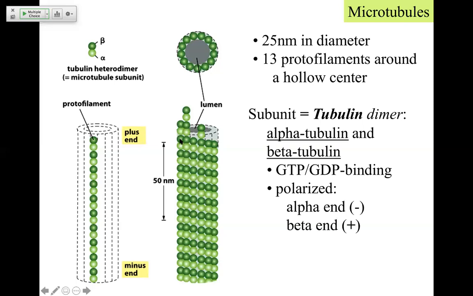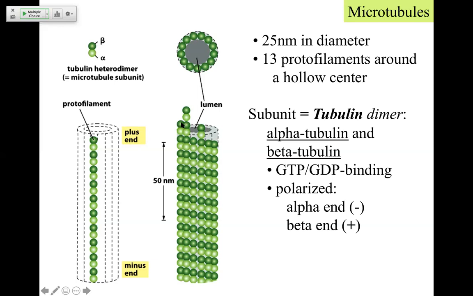The cylinder is composed of what we call protofilaments, 13 filamentous arrangements of our tubulin heterodimer. We call it a heterodimer because it's a dimer, two polypeptides associated with each other. They're not identical. One we call a beta subunit, one we call an alpha subunit. Very similar, but they're different polypeptides. That heterodimer is a subunit.